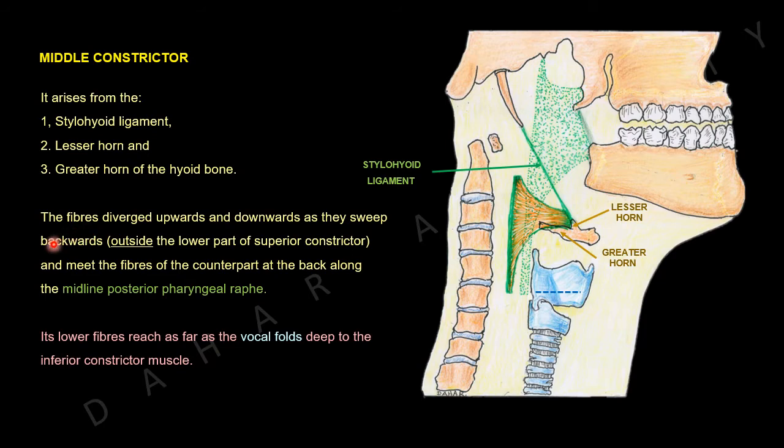These fibers meet the fibers of the counterpart at the back along the midline posterior pharyngeal raphe. The lower fibers of the middle constrictor reach as far as the vocal folds, deep to the inferior constrictor muscles. It comes down as far as the vocal fold here.